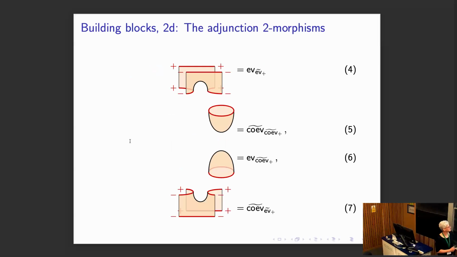So for example, this is a co-evaluation on a co-evaluation because it now starts here at this empty set and it goes to this together with its dual that then comes glued together as a circle. So that ingredient, and so we can build this cup and this cap, which is another version of this, and there's this inverted piece of the saddle as well.